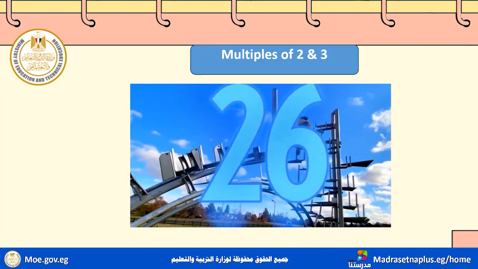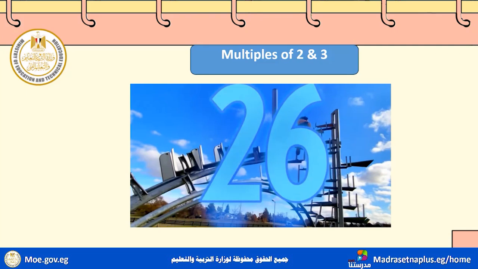Okay, this boy is playing with counting multiples of 2. At the beginning, he said 2, 4, 6, 8, 10, 12, 14, 16, 18, 20, 22, and so on.